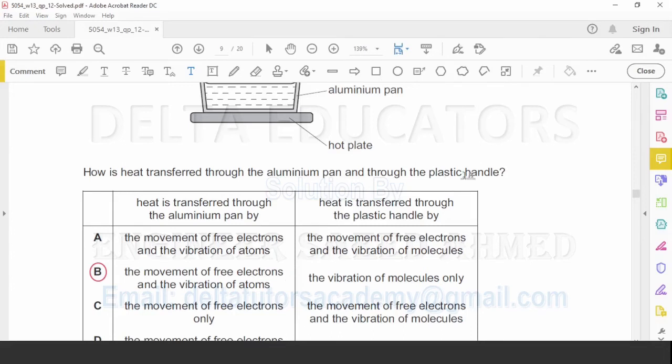And in the plastic handle the heat energy is transferred just because of the vibration of the molecules or the atoms. So our correct option is option B, where it is given for aluminum the movement of free electrons and the vibration of atoms, and for the plastic handle the vibration of molecules only.